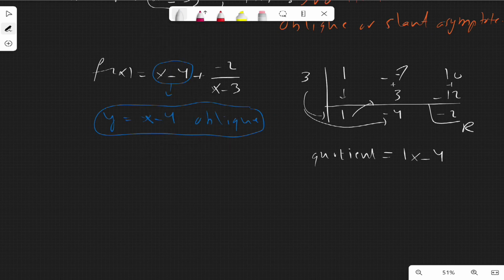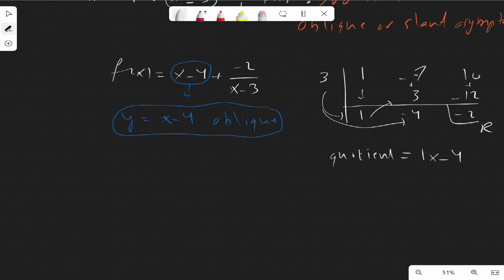So going to the next step, we're going to find the intercepts.